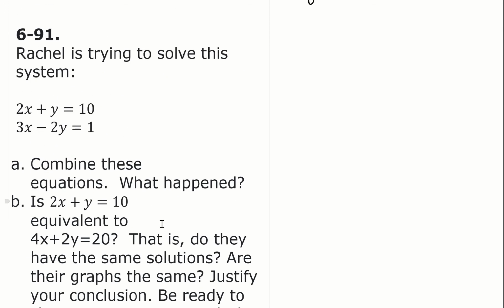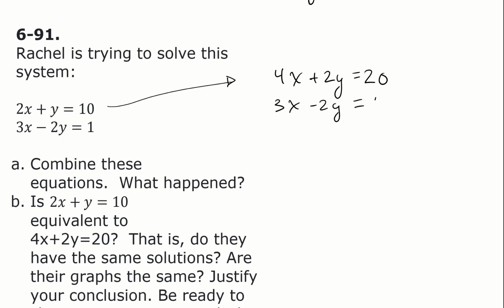So what they're proposing here is instead of using this equation, we can modify it and write it as 4x plus 2y equals 20. And I can use that with the second equation, 3x minus 2y equals 1. Because this equation is equivalent to this equation, we can see in the graph that they share all the same solutions.